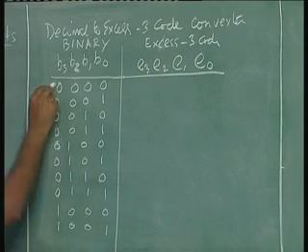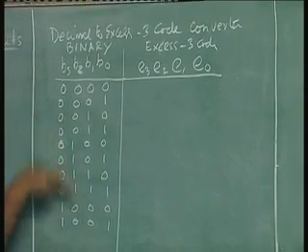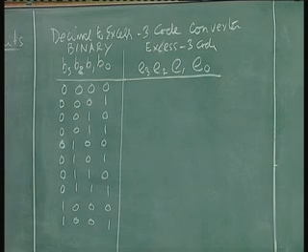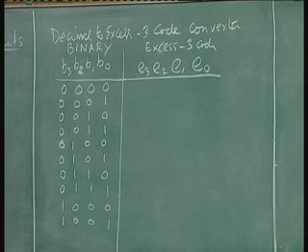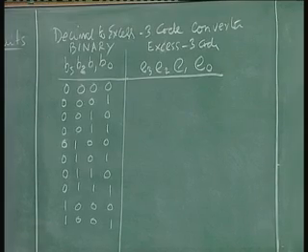Zero to 9, that is 0, 1, 2, 3, 4, 5, 6, 7, 8, 9 decimal, written in binary form, 10 patterns. And for the corresponding XS3, all I have to do is add 3 and then convert it back to binary.